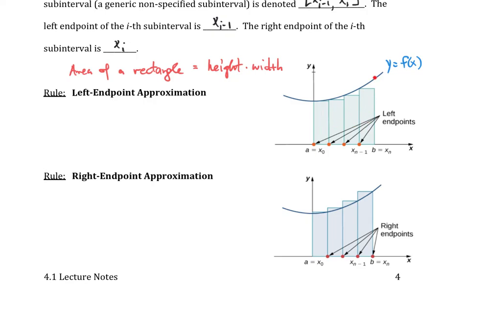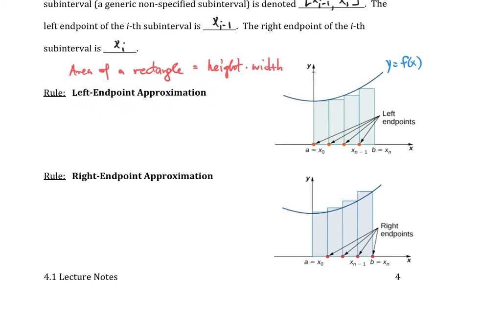And these rectangles are not going to capture the exact area under the curve from A to B. This is only an approximation. But what do you notice about this picture? What you notice is that I've taken my partition and I've evaluated my function at the left endpoint of each subinterval over here. That's why we call this a left endpoint approximation.